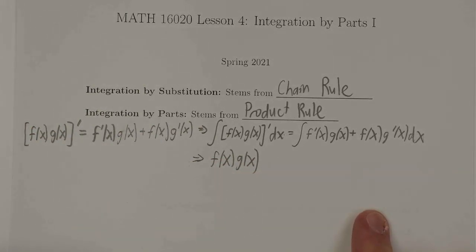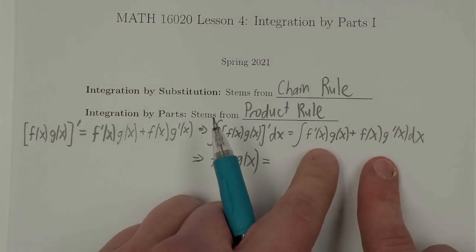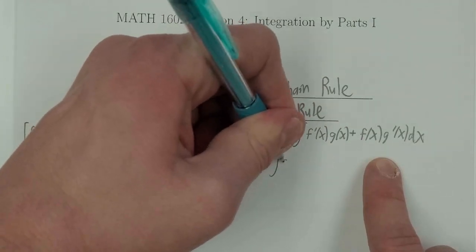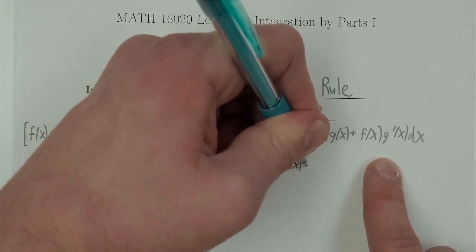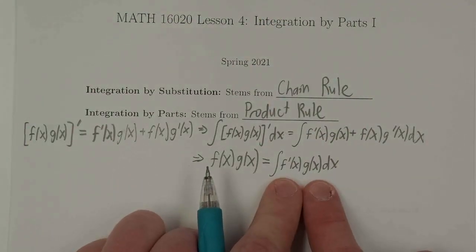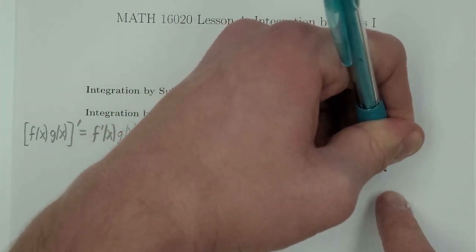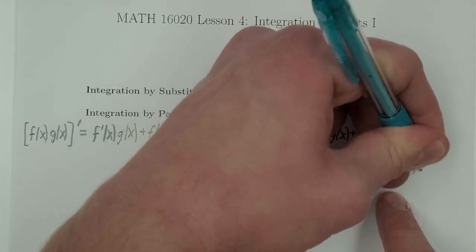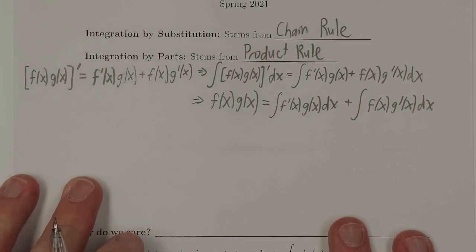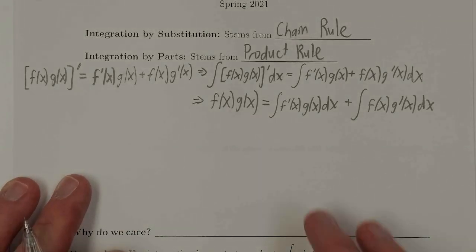Because we have a sum of 2 functions here, we're going to split up the integral. So the right-hand side becomes the integral of f prime times g dx plus the integral of f of x times g prime of x dx. Now I'm going to subtract a couple things to the other side and call it good.